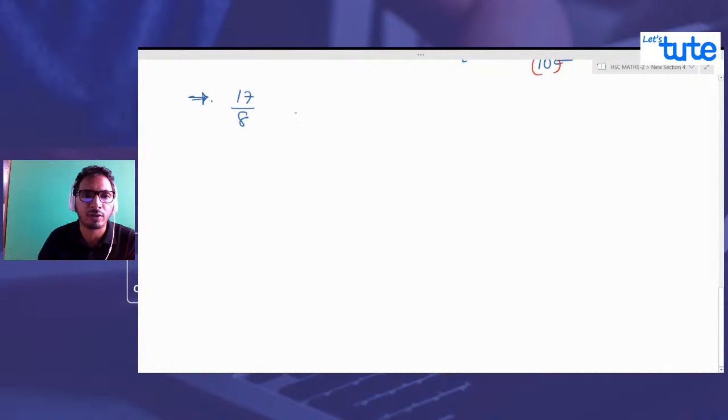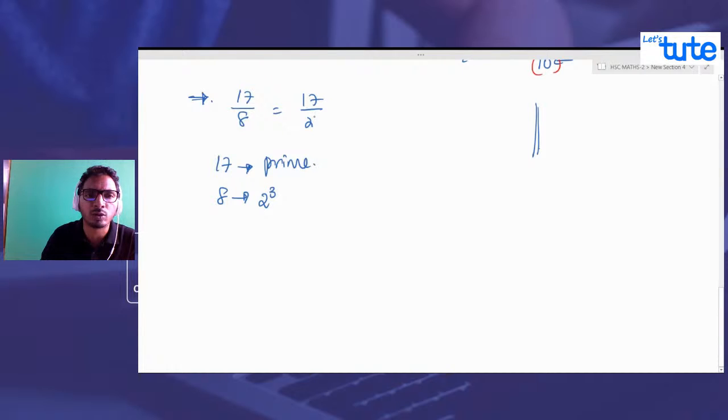The condition is to check if the denominator has prime factorization of 2 or 5. 17 itself is prime. And 8 can be written as 2 cubed, correct? So this is 17 upon 2 cubed. We can see that the denominator has only the prime factor 2, so it is terminating.